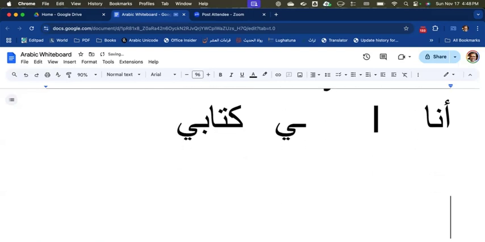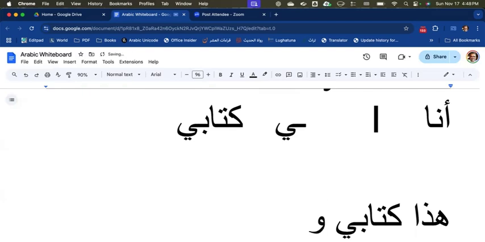Now, with this in mind, Mevish, tell me how to say, this is my book, right? What is that sentence? Haza kitabi. Yes. هذا كتابي. And that is his book. Say that. Wa zalika, وذلك, his book.